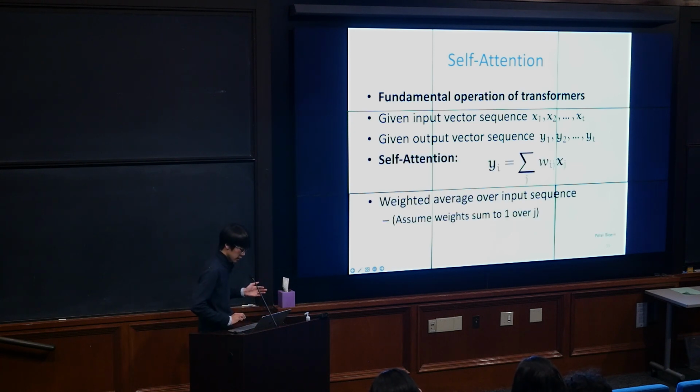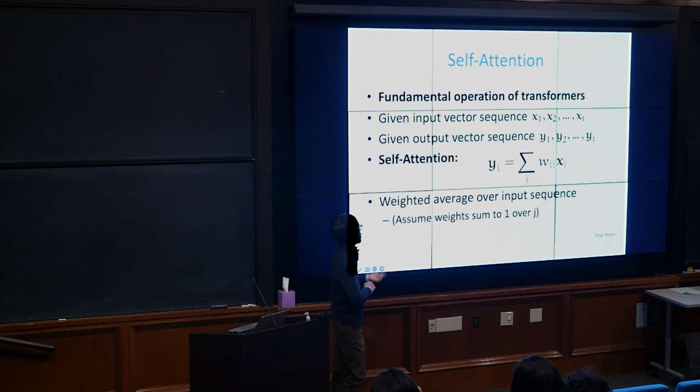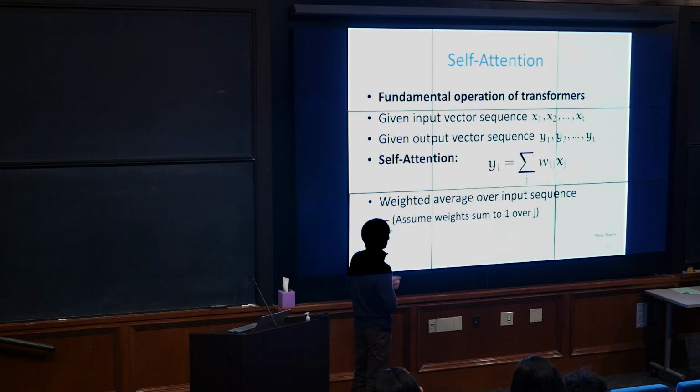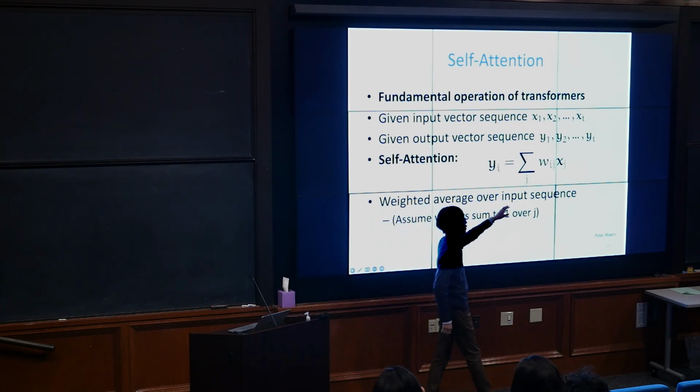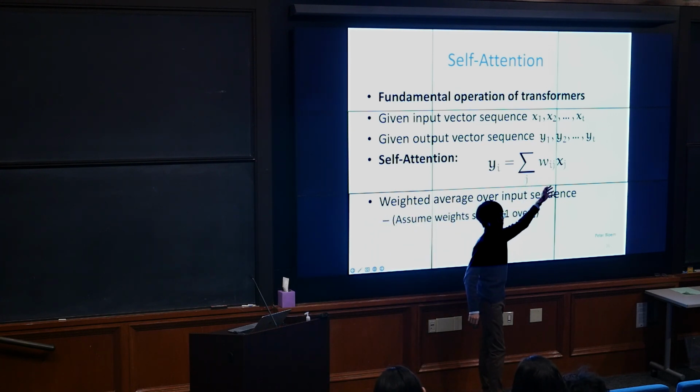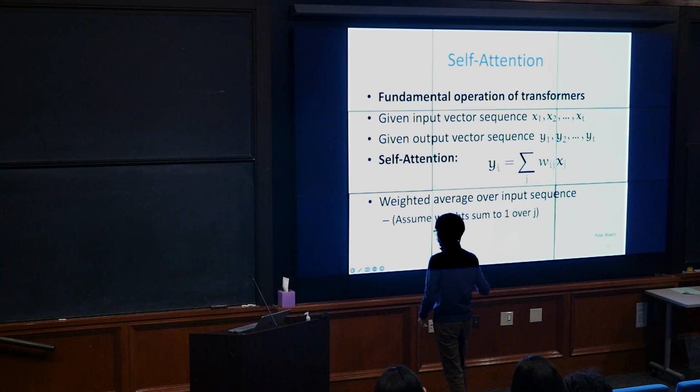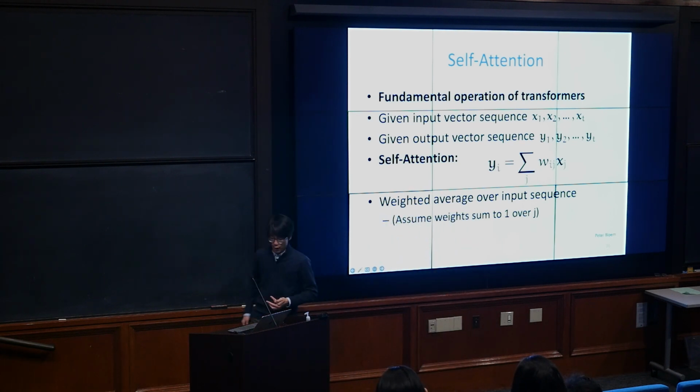What attention does is it just generates Y as a weighted average over the input sequence, with weights W, assuming that W sums to 1 over j. It literally just runs W times X and sums it over j in order to generate Y.